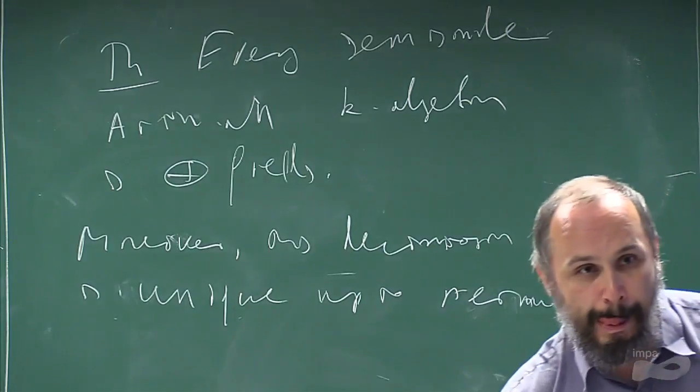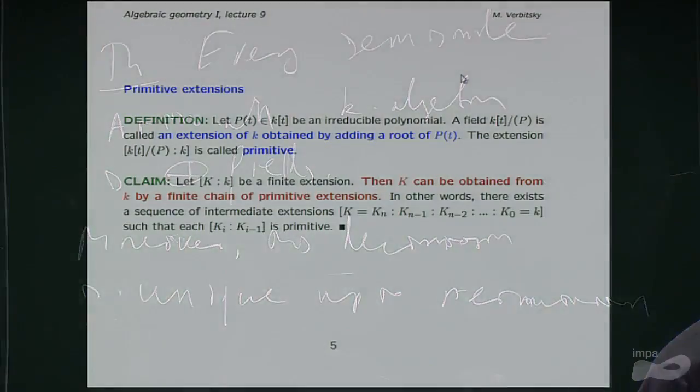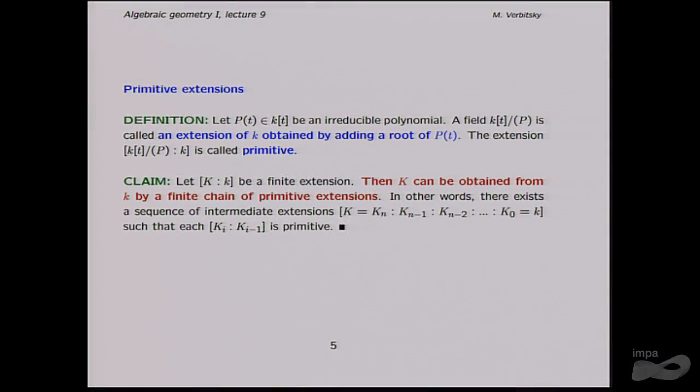Professor, how can I obtain that sequence of primitive extensions in the previous slide? How can I obtain the sequence of intermediate extensions? You take any element which doesn't belong to small k.